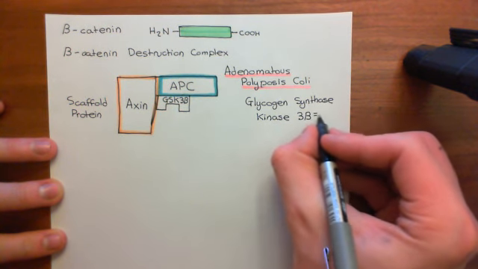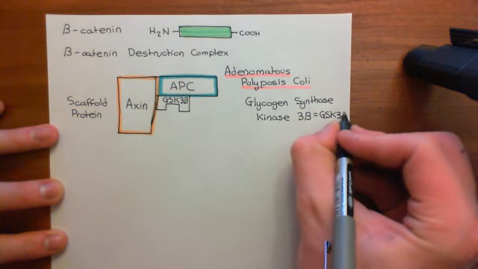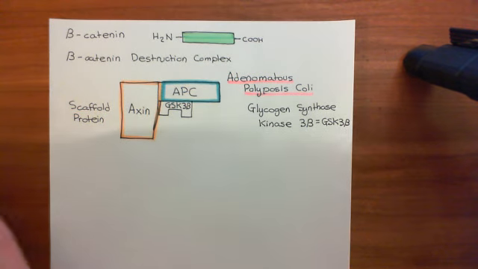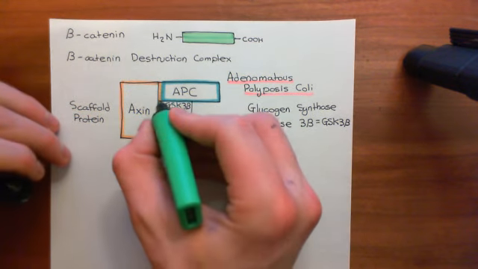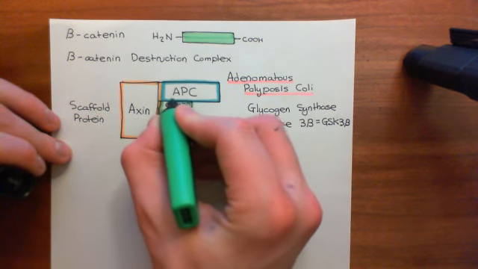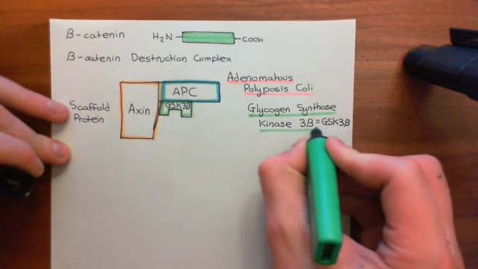So this is usually abbreviated to GSK 3 beta. This binds to both the axin and the adenomatous polyposis coli here. We'll have this in green. So that's glycogen synthase kinase 3 beta.